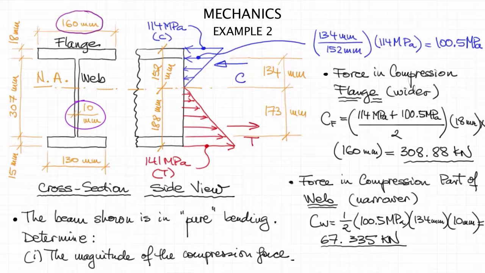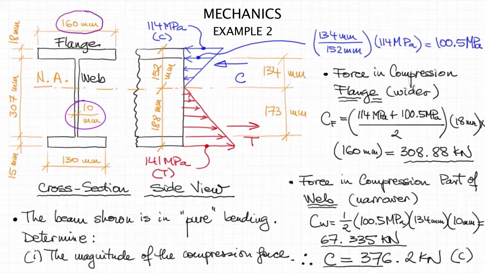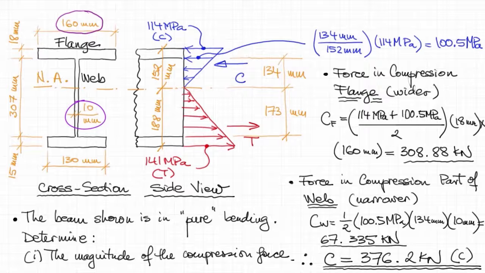So if we do that, we will get a total of 67.335 kilonewtons, and the total compression force acting on this section will be the sum of the two. So 308.88 plus 67.335 gives us a total of 376.2 kilonewtons in compression. And this will be the answer to the first question in this problem.